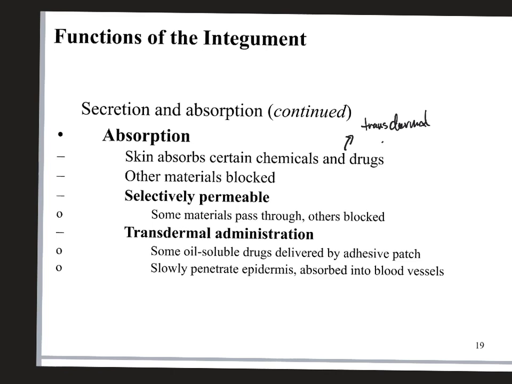For example, there's the patch, like the NicoDerm patch, the nicotine patch, which is delivered to the body. One other big one that is present is birth control hormones. You may have a patch that a woman puts on her body that will deliver hormones and help prevent pregnancy.